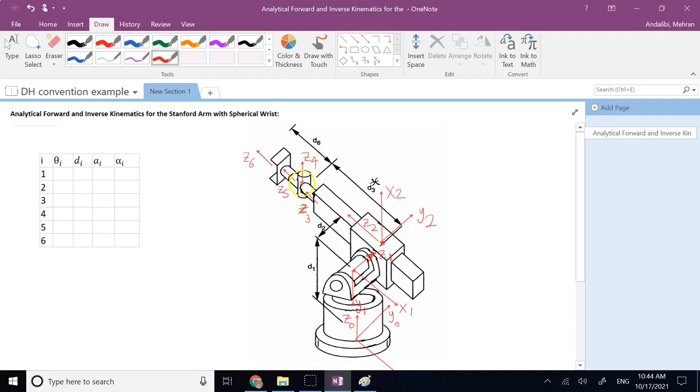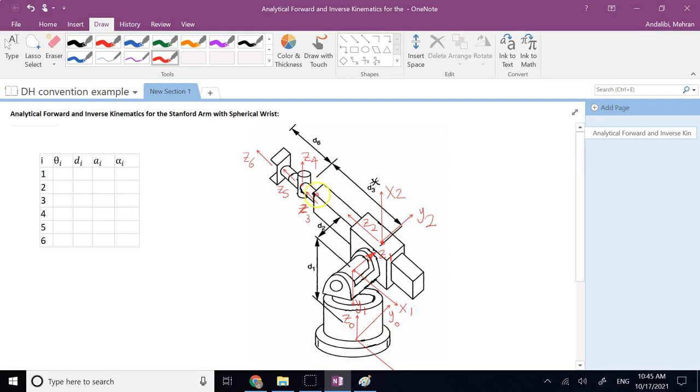So you see already the origins of 4 and 5 are at the wrist point, and because I can select my origin of 3 arbitrarily, I choose that to also be at the wrist point. That way I have 3 origins at the same place, and that makes the set of D's and A's for all of those 0. So that minimizes the number of non-zero parameters in my DH table. That makes my A matrices later simpler.